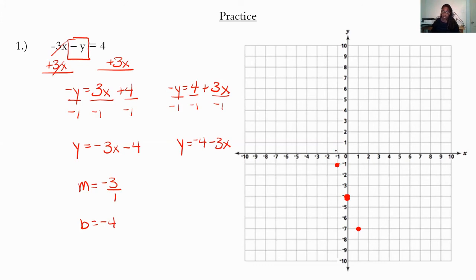So then here, so we get roughly the idea of graphing our lines, okay? But the key part was my slope could be negative 3 over 1, or it could have been 3 over negative 1, okay?